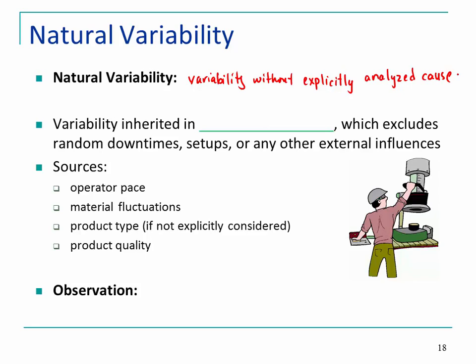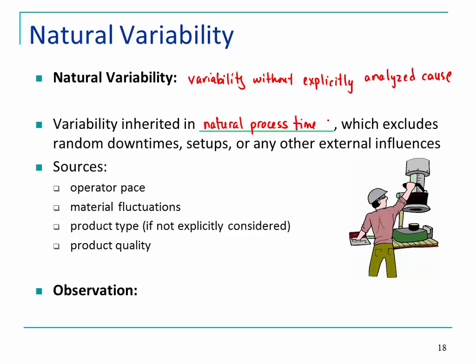So these are things that are happening in your process, and it's very difficult to get a reason for why that is happening. This is the variability inherited in the natural process time, which excludes random downtime, setups, or any other external influence.